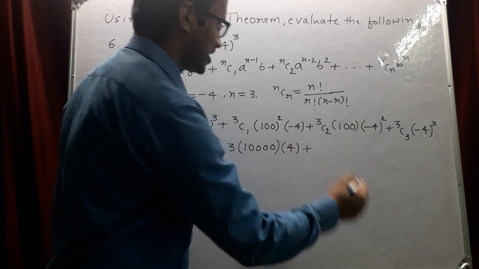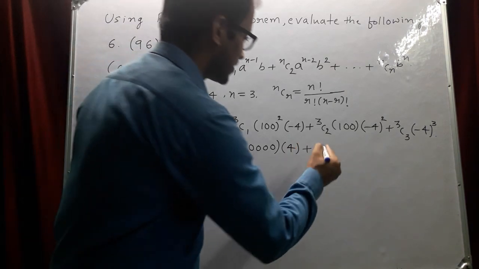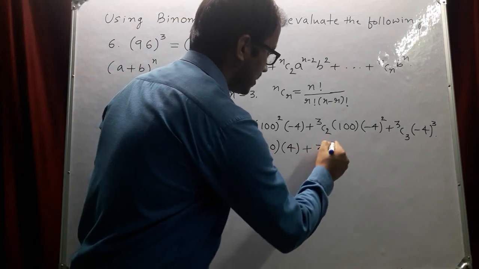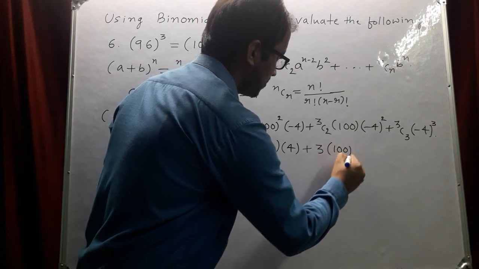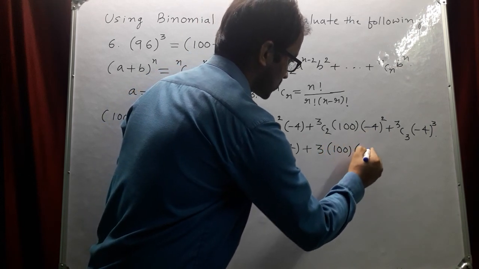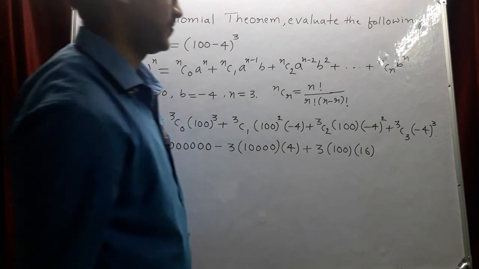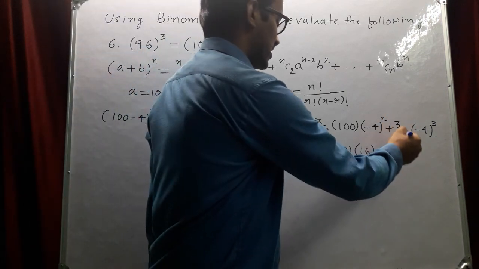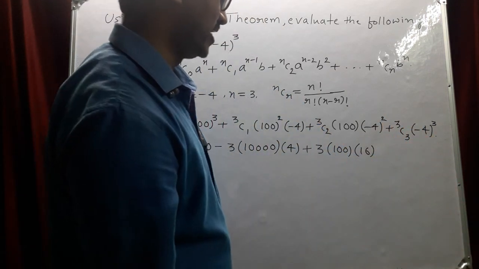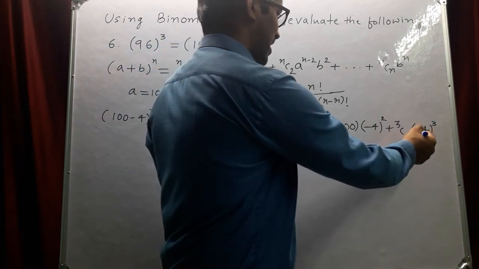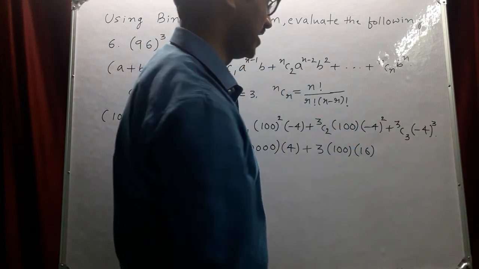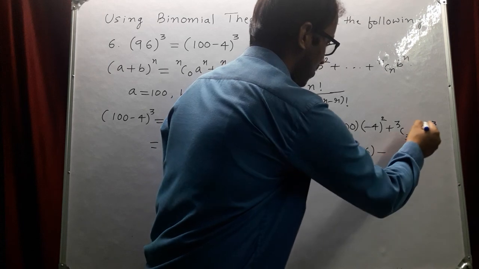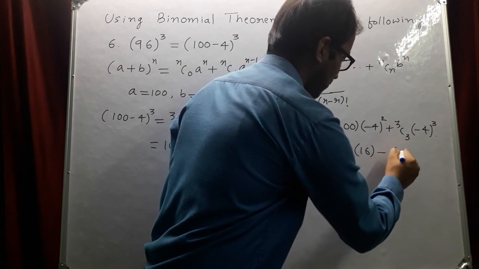The value of 3C2 is 3 into 100 into 4 square. 4 square becomes 16. Here 3C3 value is 1, (minus 4) cube is minus 64.